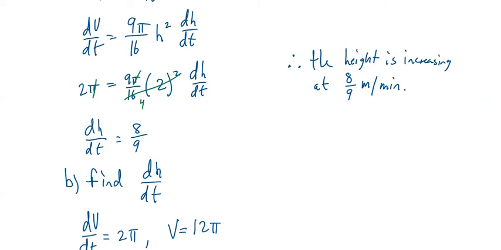Don't we need height? We're not given height. So what do we have to do? Yeah. So we got to go back and use the volume formula to find the height. We need height, so we find it first.